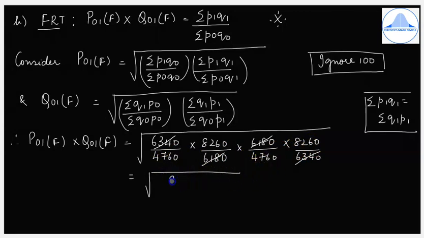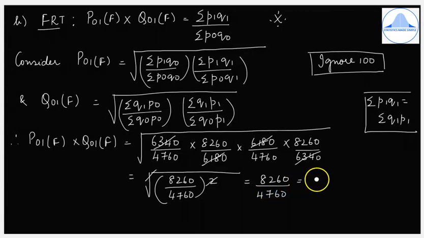So this can be written as 8260 divided by 4760 the whole square. Okay, next the square and the root will get cancelled and you will be left with 8260 divided by 4760. Now don't simplify.